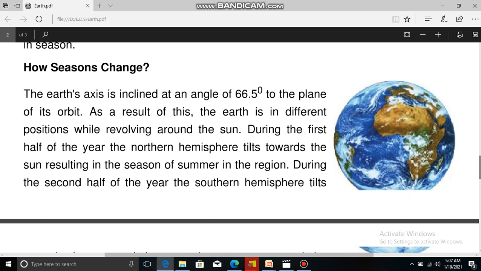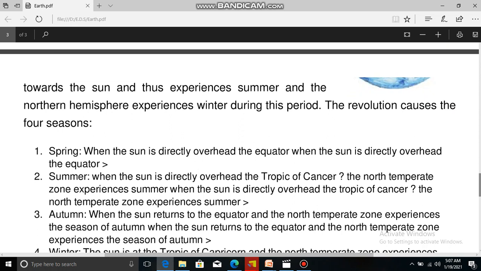During the first half of the year, the northern hemisphere tilts towards the Sun, resulting in the season of summer in this region. During the second half of the year, the southern hemisphere tilts towards the Sun and thus experiences summer. The northern hemisphere experiences winter.